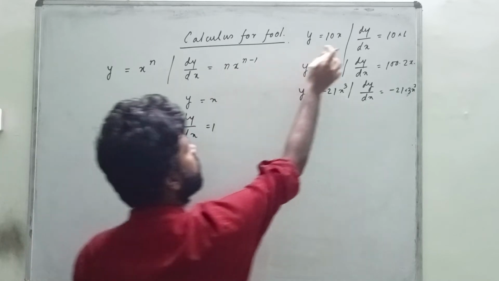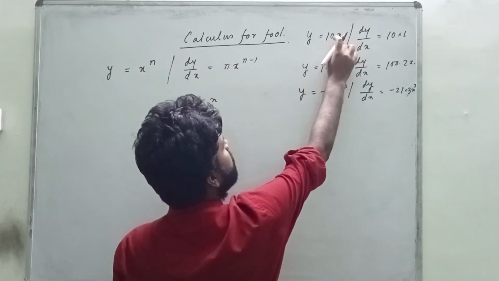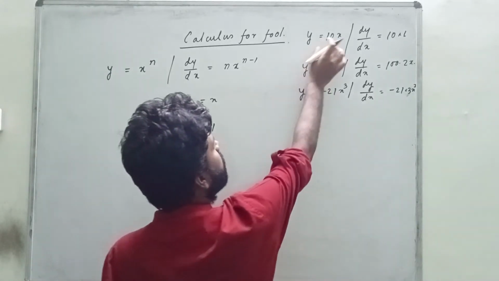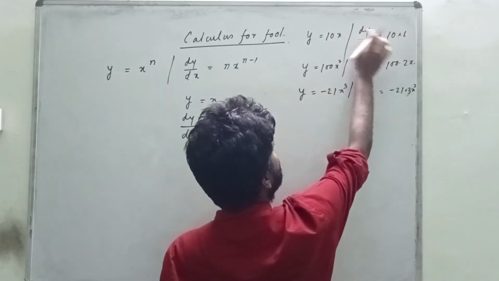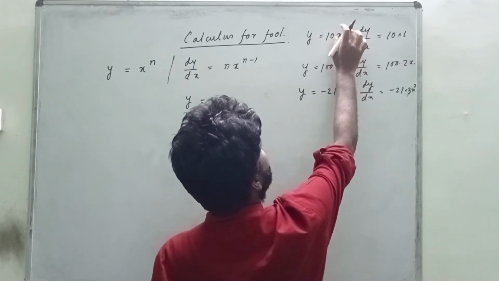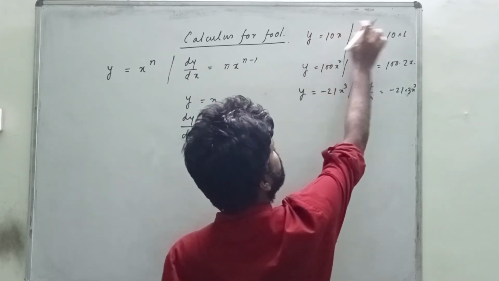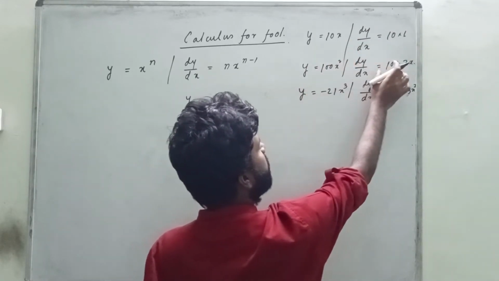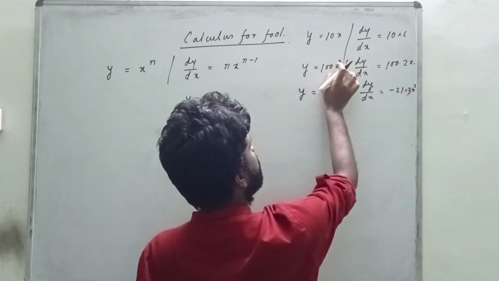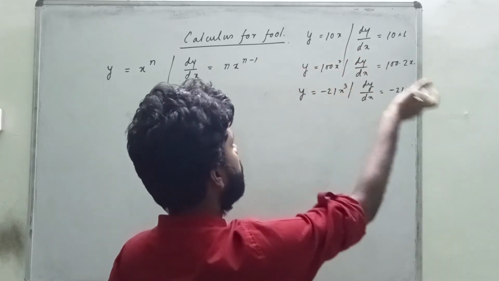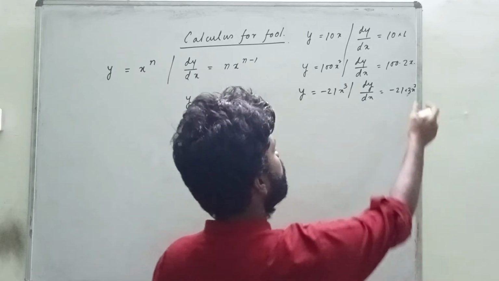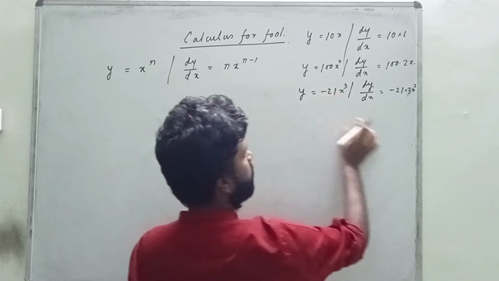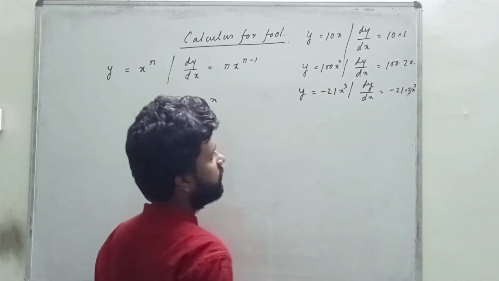The 10 remains constant. The dy dx of x squared is 2x, and the minus 21 remains constant.